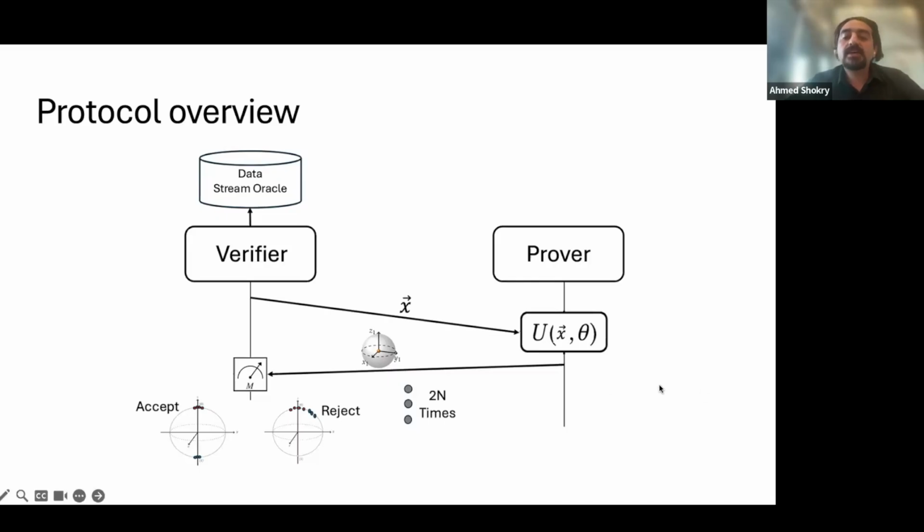Here, capital N is just a parameter, and in the experimental results section, we actually validate this parameter.